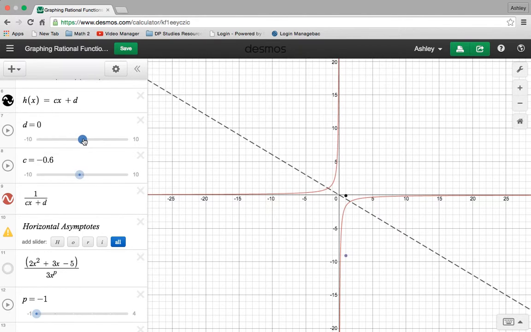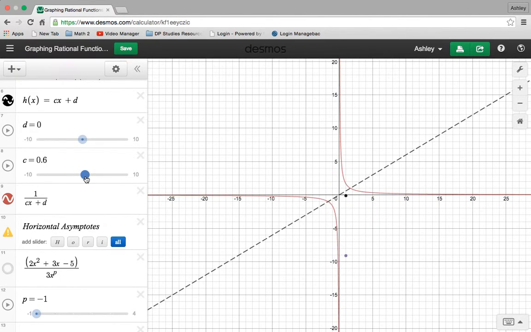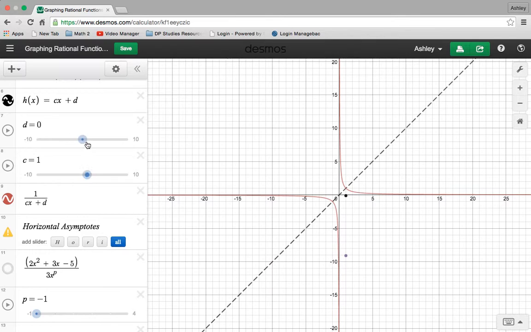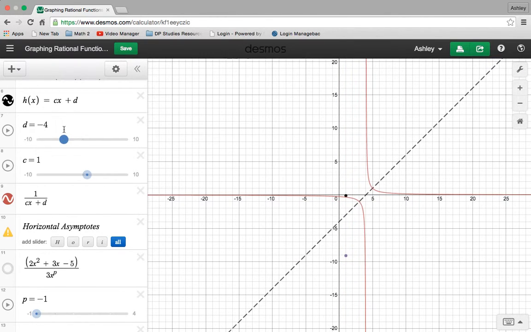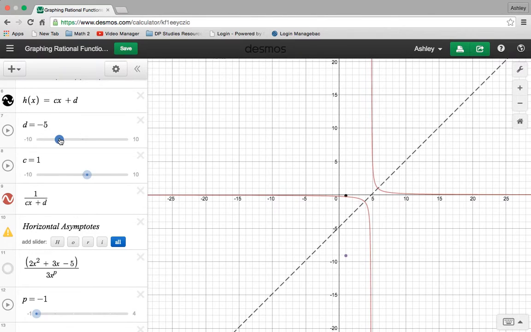Okay. Now let's make this a friendly number, like 1. Let's look at what happens when we add in a transformation in the denominator. Let's say it's minus 5.